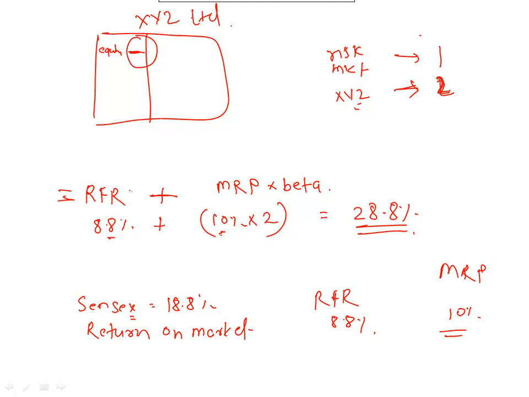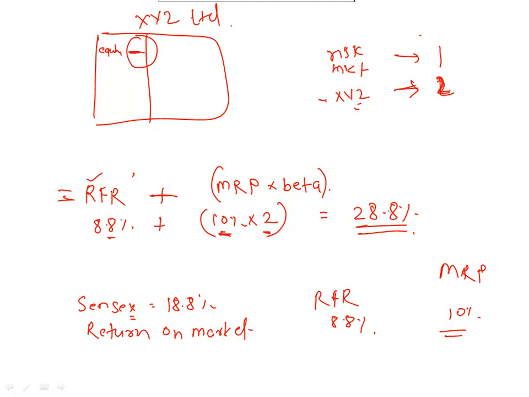The minimum that I wanted to earn in this country was 8.8%, but I'm not investing into RFR, I'm investing into a risky security. The overall market has given an extra 10%, so I want an extra 10% because I'm into equity. But my security is 2 times riskier, so I want double the extra return, so into 2. So RFR plus market risk premium into beta is your cost of equity. Are we good?